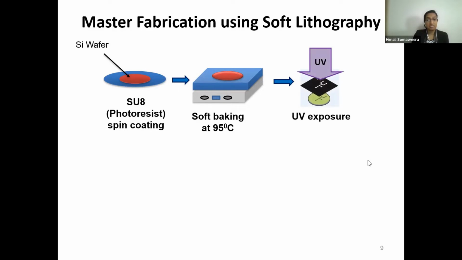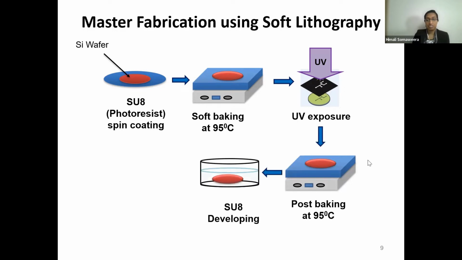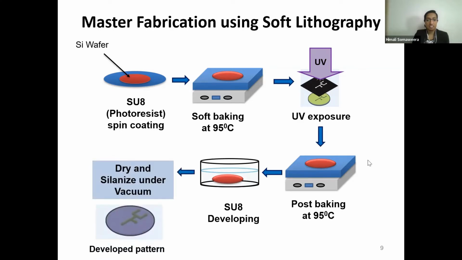The mask has the design that we want. We design it using AutoCAD and get the mask from suppliers. Then we do the UV exposure, which patterns your SU8 photoresist, and then do the post baking to make it hard. Then you do the developing to get rid of the excess SU8, and then dry it.